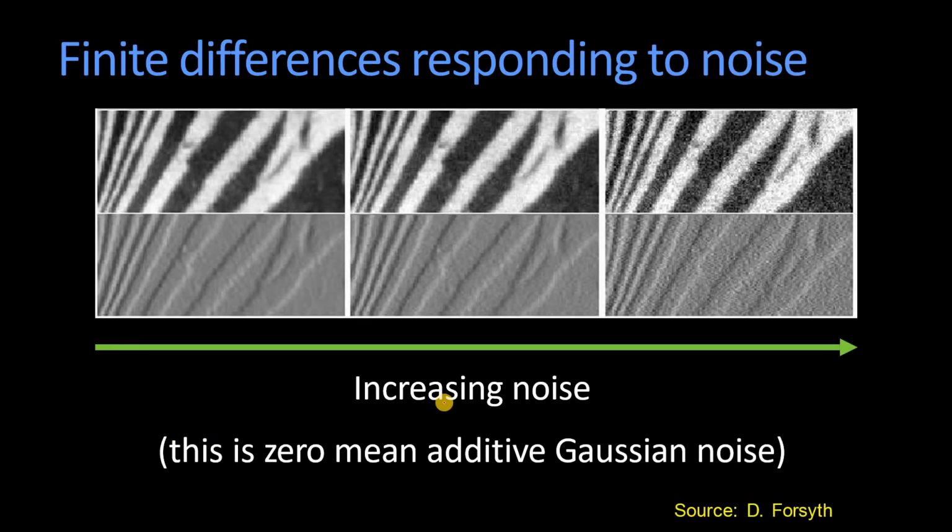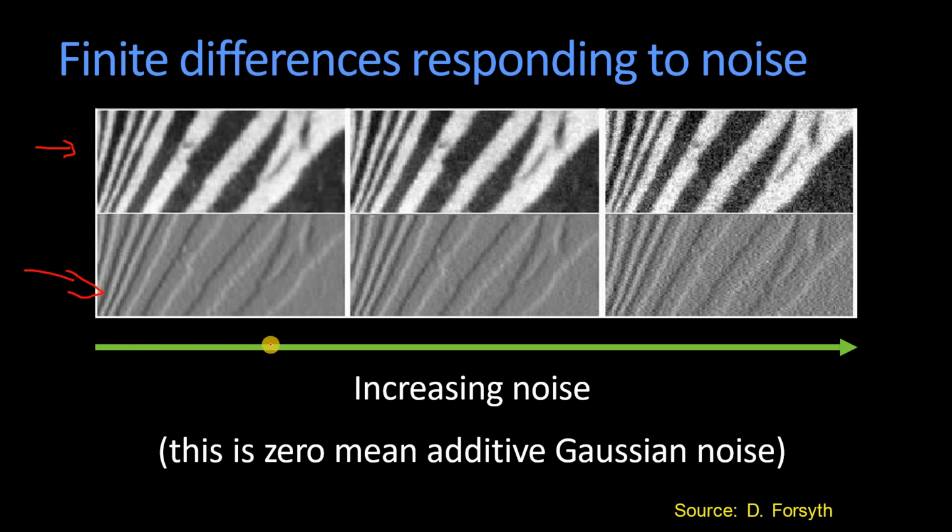Here they are not showing such good results, whereas in my lab notes it's much better and clearer. What they want to show is that these are the main images on the top, and below are the gradients, the derivatives.